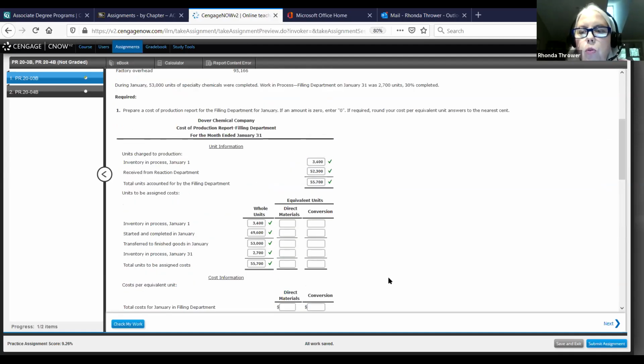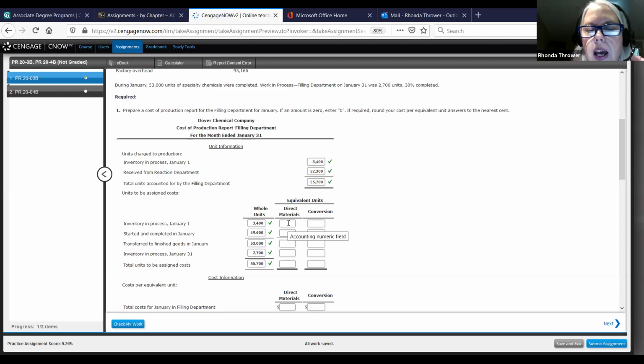All right, now I want you to listen carefully here because students get confused about equivalent units. So I'm going to start with my beginning inventory units. Those were 3,400. Remember that your beginning inventory units already have all of your materials in there. All the materials were added last month.